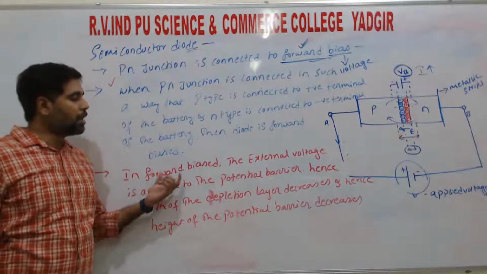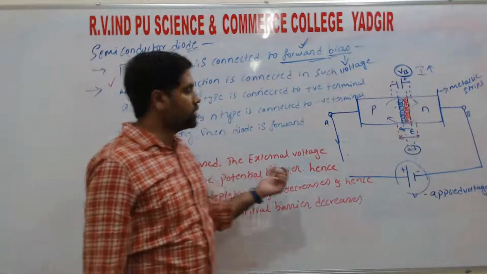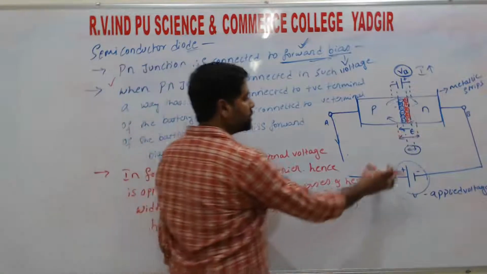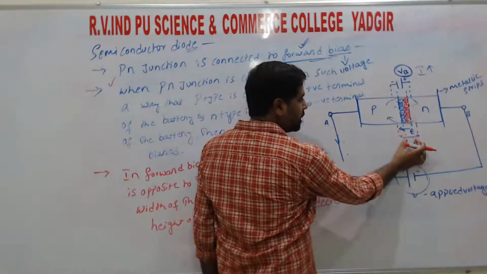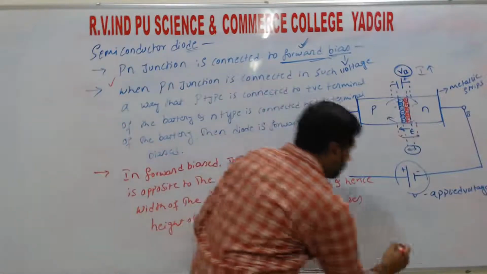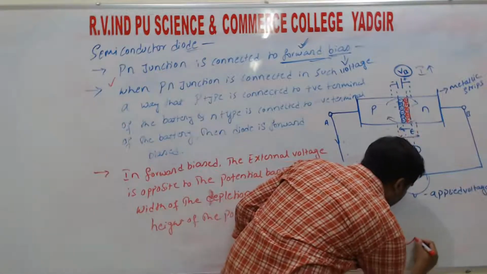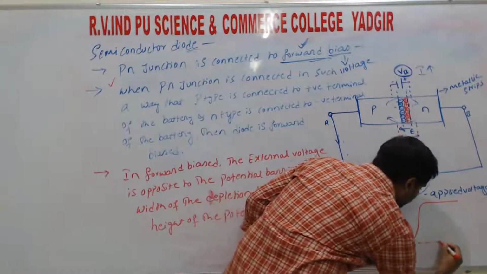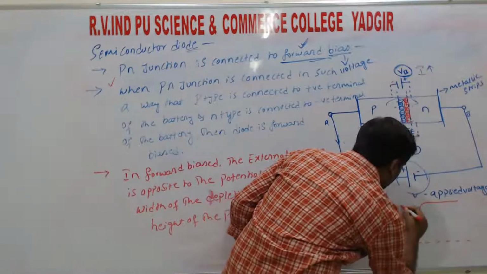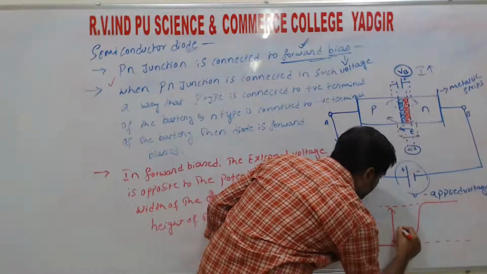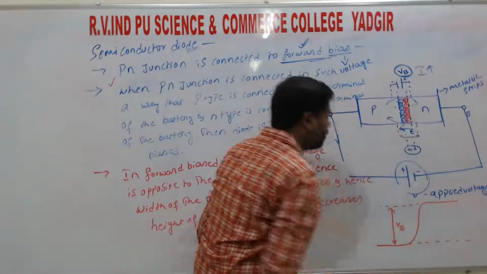So next, what happens when the PN junction is connected with the forward bias? That means the depletion layer width is decreasing and the height of the potential barrier also decreases. So here we have the potential barrier voltage, this is VB or V0.